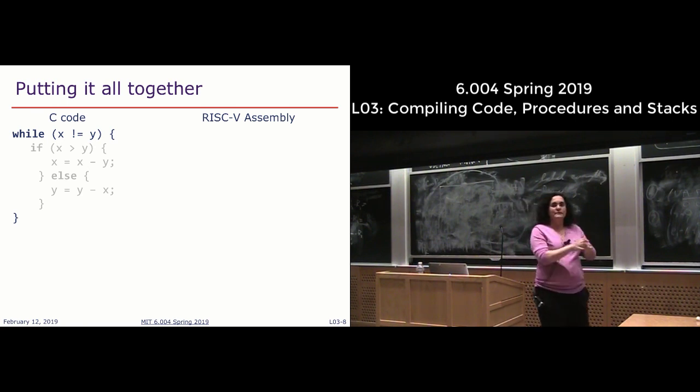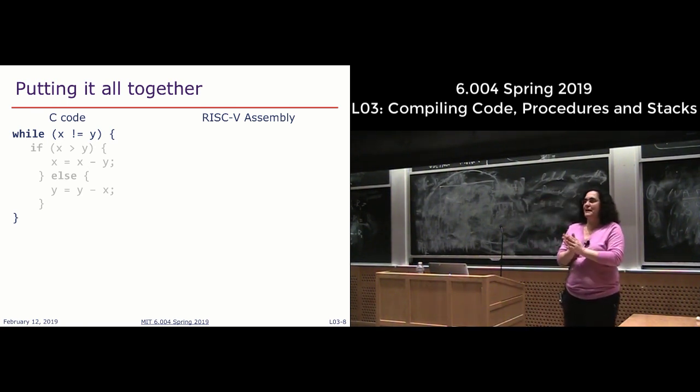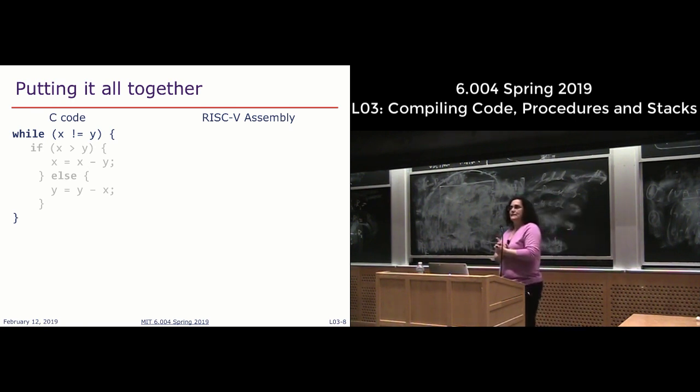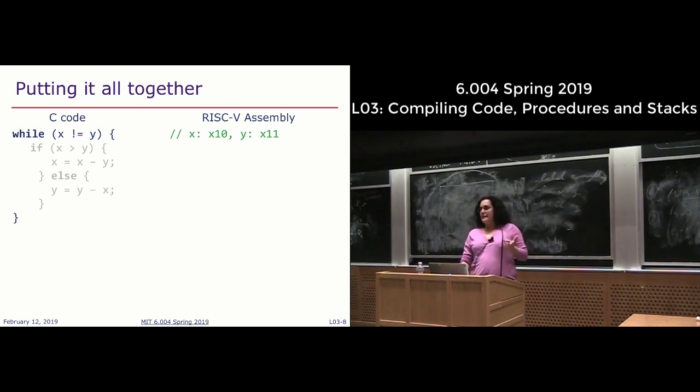Okay, so this gets us to the point where we're getting ready to start thinking about more complicated code. First, let's take a look at an example where we're putting all of this together. Here I have some high-level C code that has a while loop, and inside it, an if and else statement. I can follow my exact recipe to translate this.